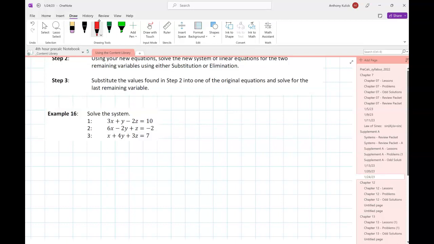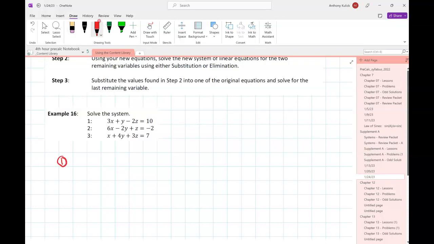So the best case scenario is where I see a variable with a coefficient of 1, and I see that for x, y, and z, I have a variable with coefficient 1 in all three places. So it doesn't really matter which variable I eliminate first. It's going to be purely a matter of preference. I'm going to choose to eliminate the x's first because the alphabet.